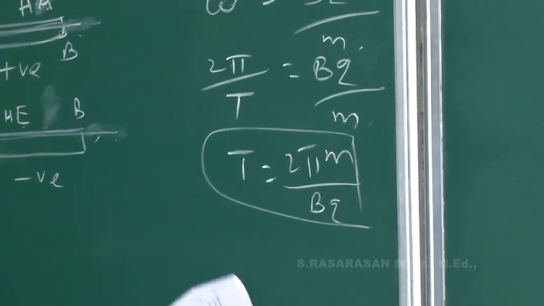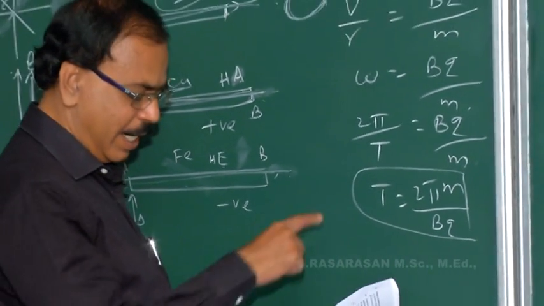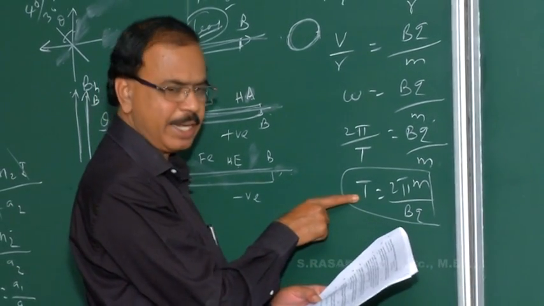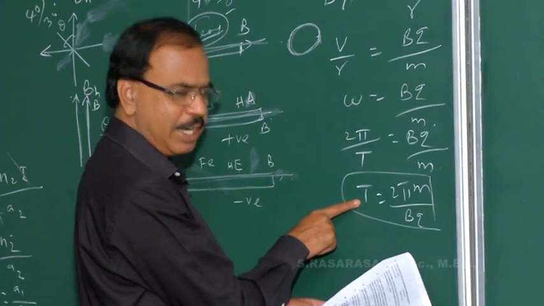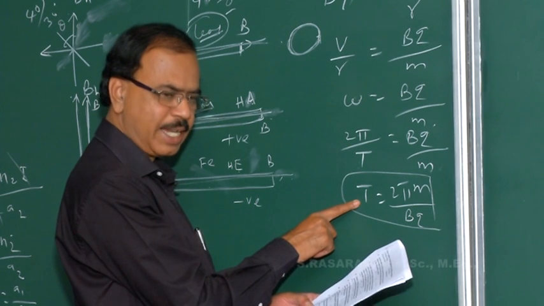So that is what they are asking. The period of revolution is the constant, periodically repeated, that is the constant time.